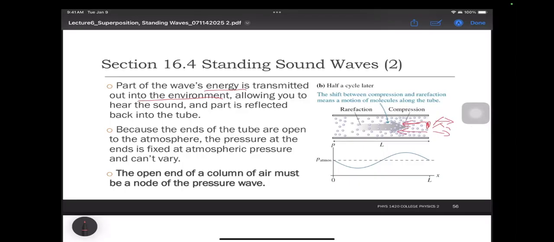Because the ends of the tube are open to the atmosphere, the pressure at the end is fixed at atmospheric pressure and cannot vary. So this open end of the air column must be a node of the pressure wave, since the pressure here is fixed.